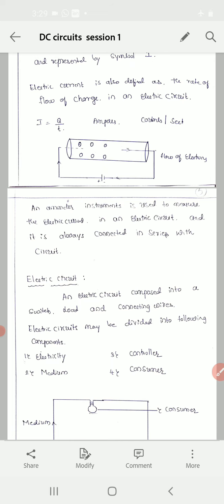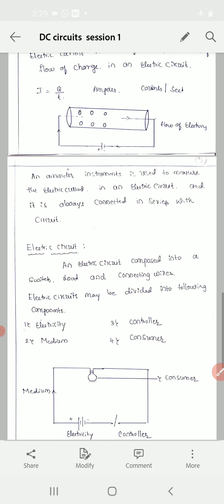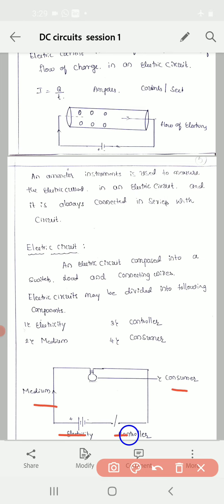Next concept, electric circuits. You know that an electric circuit is composed of a switch, load and connecting wires. Anyone making a simple electric circuit, this is one simple diagram. This is your electricity, medium, consumer, controller.